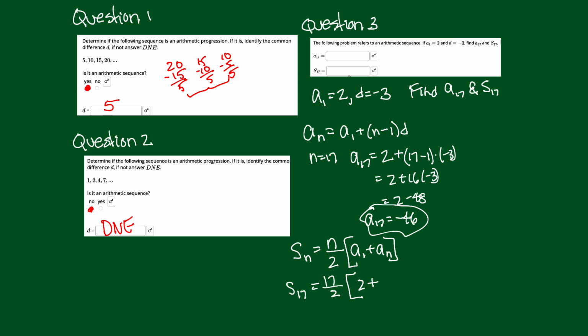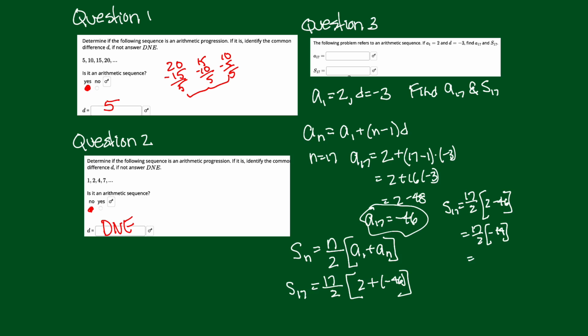Now the 17th term, we just found that to be negative 46. So S sub 17 is equal to 17 over 2, and then 2 minus 46. So how about 17 over 2, negative 44?